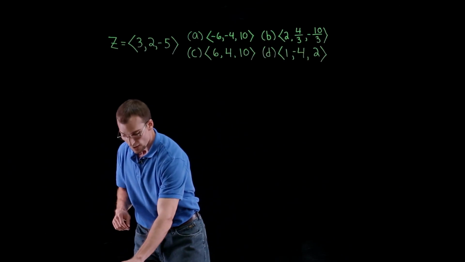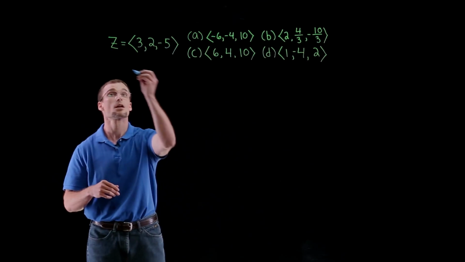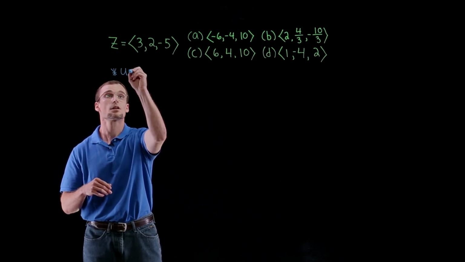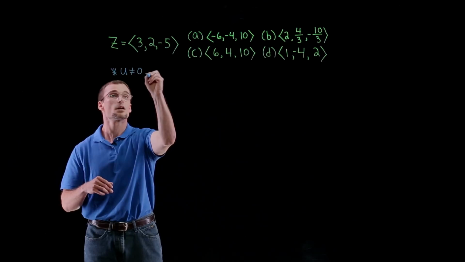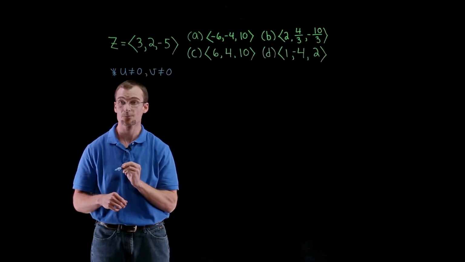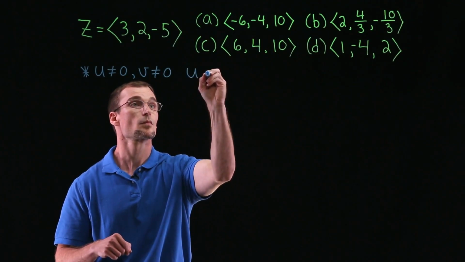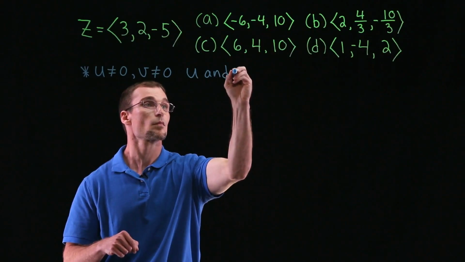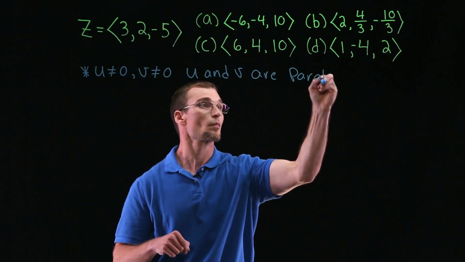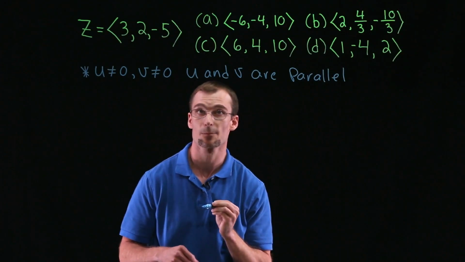So to get started, let's remember, what does it mean for two vectors to be parallel? Well, in general, two non-zero vectors, say u and v, are parallel if they can be written as scalar multiples of each other.